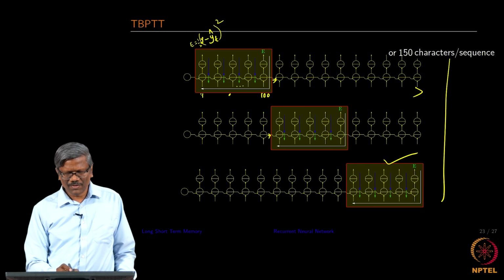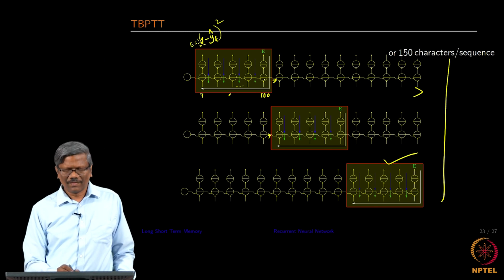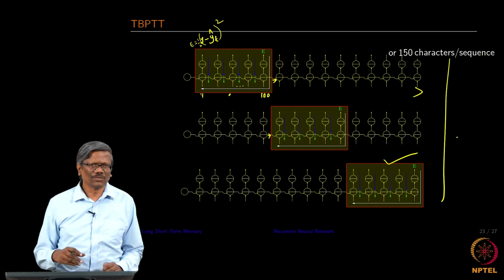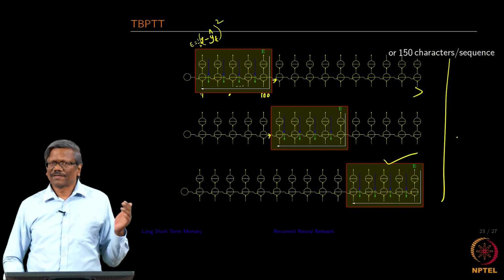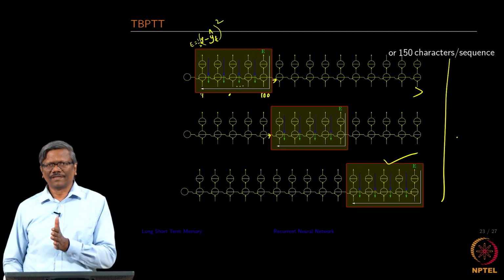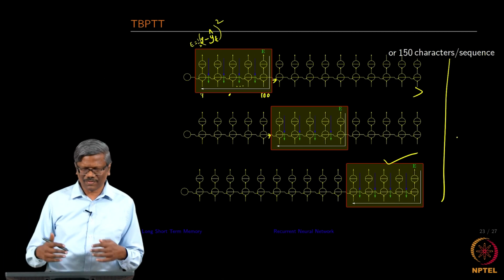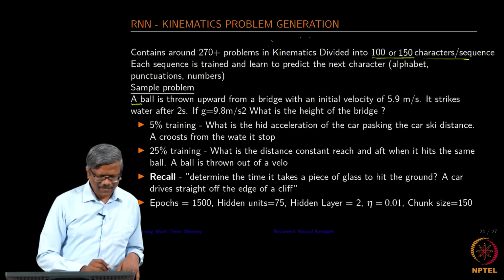Then it will use the hidden layer state as the input to the next sequence and go. It does not know, as I mentioned earlier, any word or numerals; it knows that everything is a character, and it is now going to construct the sentence for me.